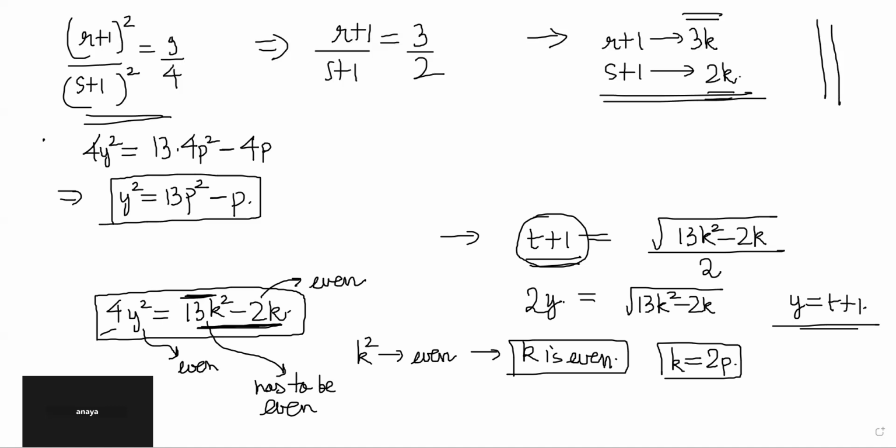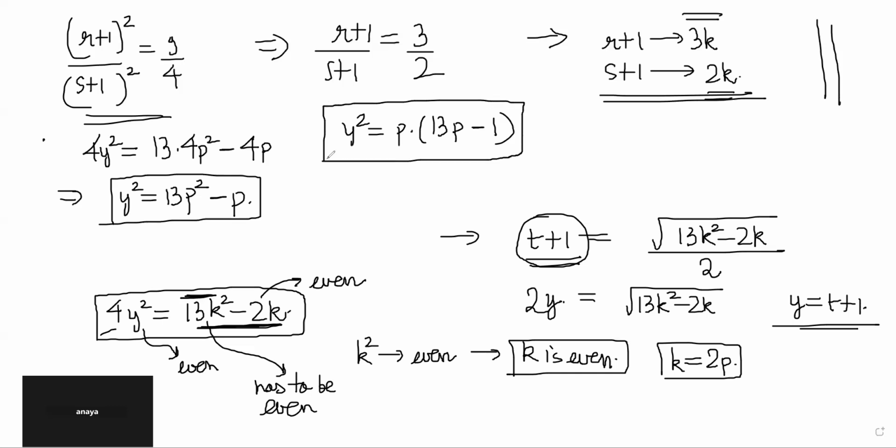Okay. So let's think of this. y square is equal to p times 13p minus 1, right?